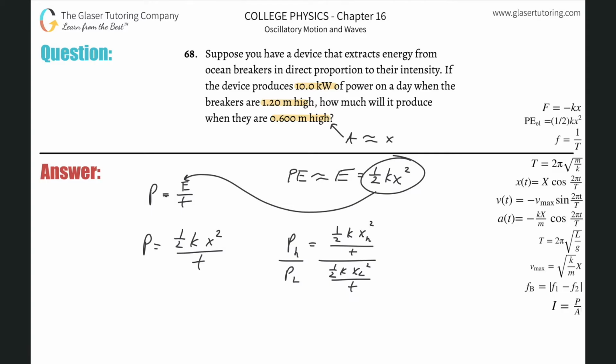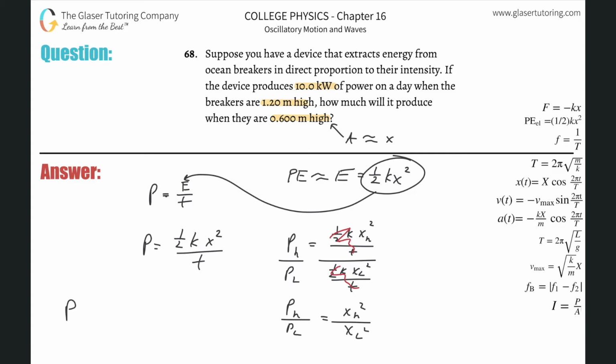If I create a ratio like that, I can cancel these terms, and I'm left with the high power over the low power equal to the height of the high wave squared divided by the height of the low wave squared. They're asking for the power when the wave is low, so I can solve this for that.